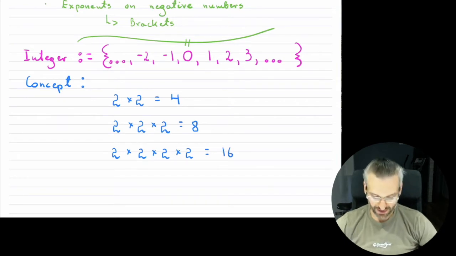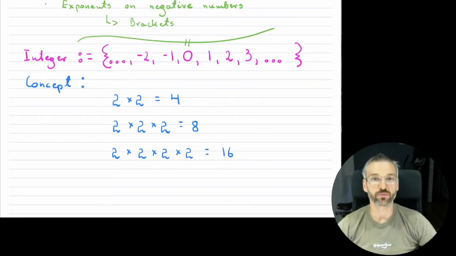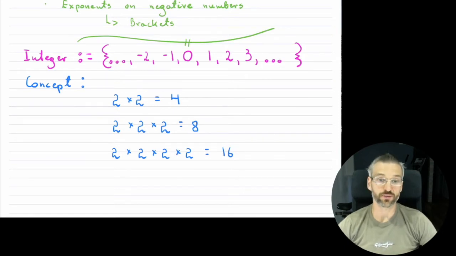Now you can imagine as we get to more and more of these multiplications, it becomes a little bit annoying to write all of this out. Imagine if we had 10 of these multiplications or maybe 20. You may wonder, am I going to really need that?